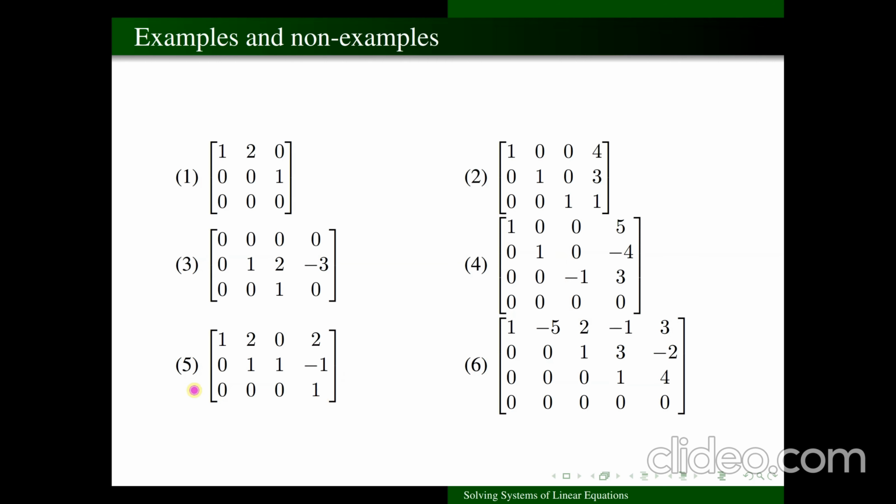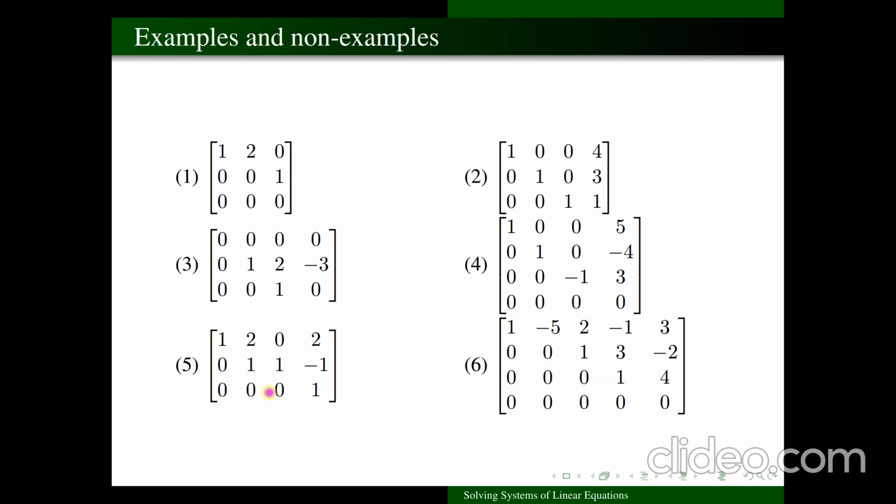Let's move on to matrix 5. So matrix 5 has no row of zeros. So okay. In each row, the first non-zero entry is a 1.